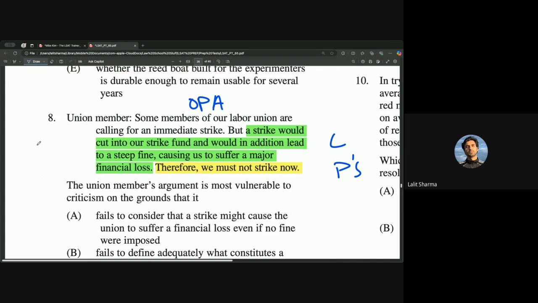It doesn't have to be one person. It could be a group of people, a class of people, whatever. So some people say that we should go for an immediate strike. However, we must not strike now because it would be a major financial issue for us. Right? Yeah. Okay. Awesome. So, very typical argument on the LSAT.